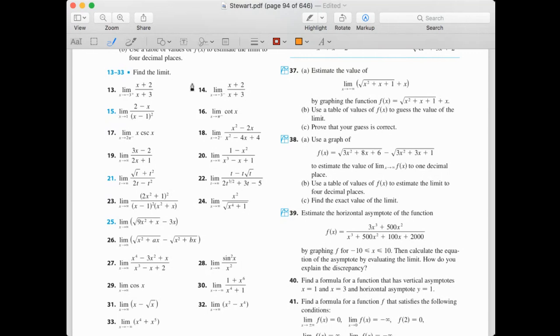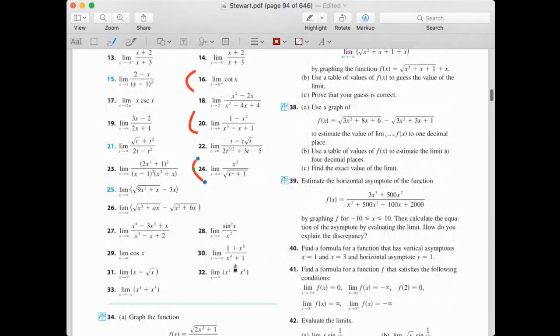Let's try. Those are too easy. Let's try cotangent. 20, 24, 28, 32. Okay, let's try these 5 questions.